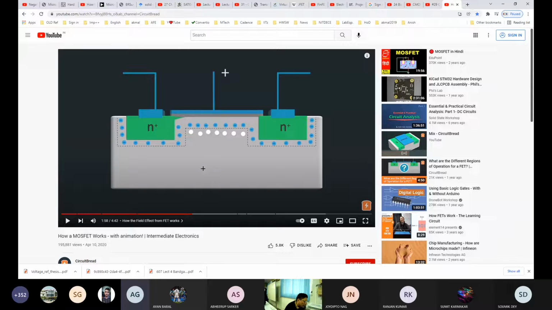Some electrons, whatever electrons are available in the P-type body, will be attracted towards the upper layer of the channel. So two things happening. First, when you apply a voltage, initially the holes will be driven away from this upper layer of the channel.